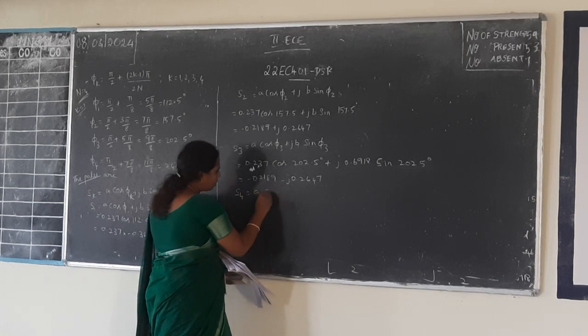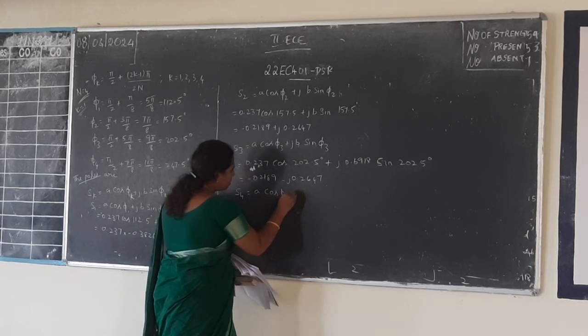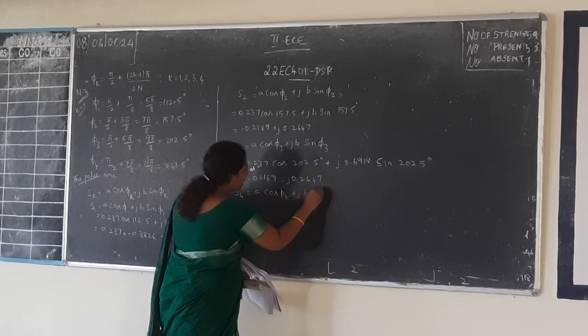Similarly, calculate for S4. a cos phi 4 plus j b sin phi 4.